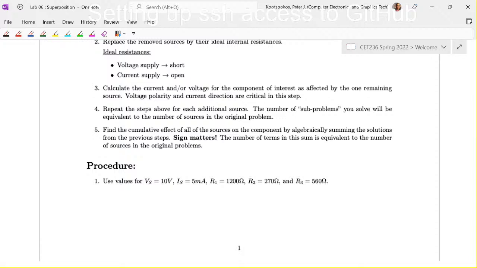As always, just be careful that they are what they say they are, right? And so let me just write it down.